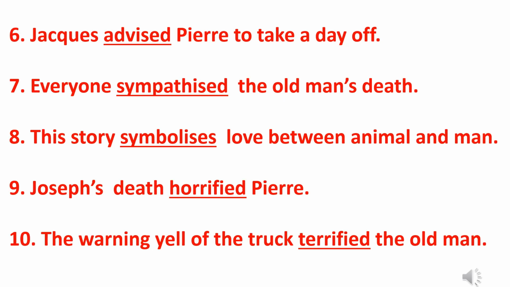Jacques advised Pierre to take a day off. 7. Everyone sympathized the old man's death. 8. This story symbolizes love between animal and man. 9. Joseph's death horrified Pierre. 10. The warning yell of the truck terrified the old man.